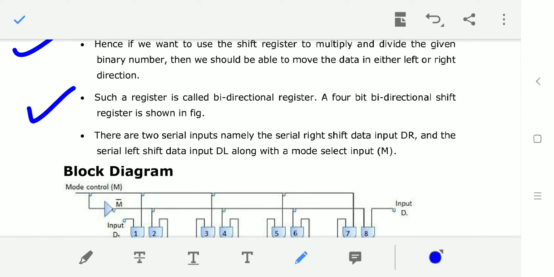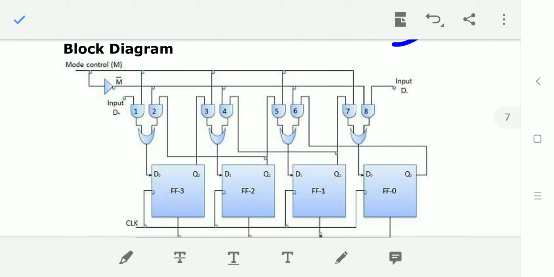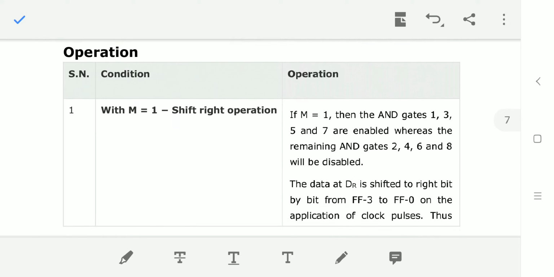Such a register is called a bidirectional register. A 4-bit bidirectional shift register is shown in the figure. There are two serial inputs, namely the serial shift right data input DR and the serial shift left data input DL, along with a mode select input M. This is the condition and this is the operation.